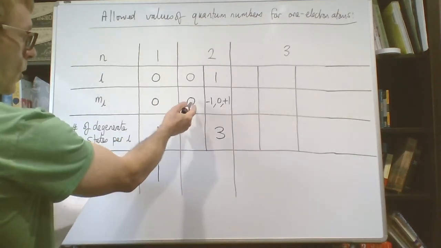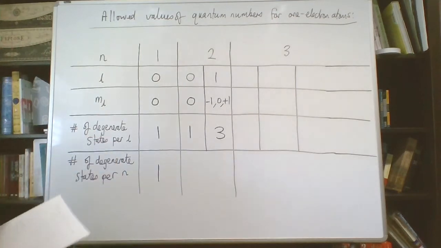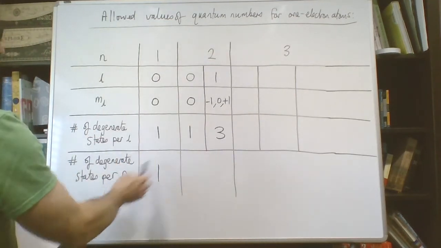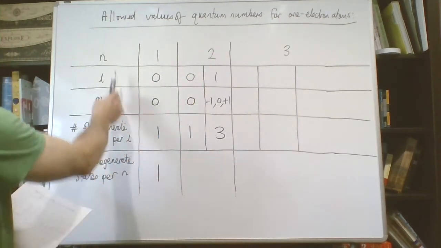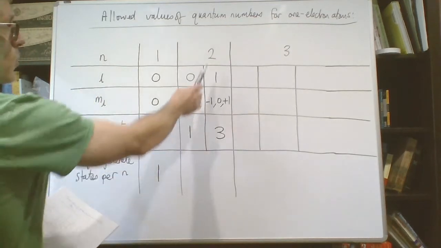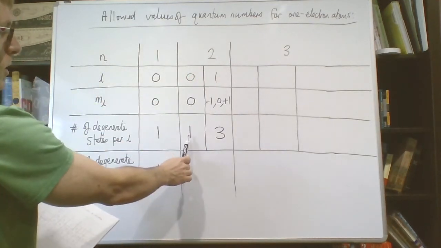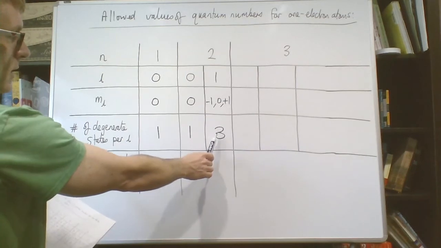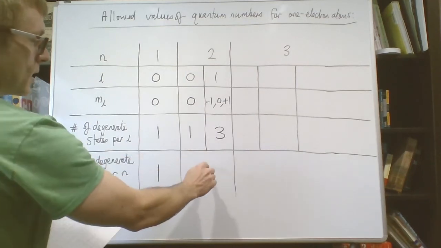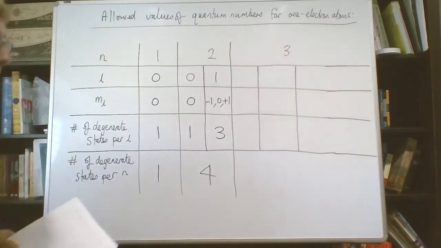There's only 1 s orbital. How many orbitals with the same energy for a given n? Well, for n equals 2, there's 1 from the s orbital and 3 from the p, so there are 4 total.